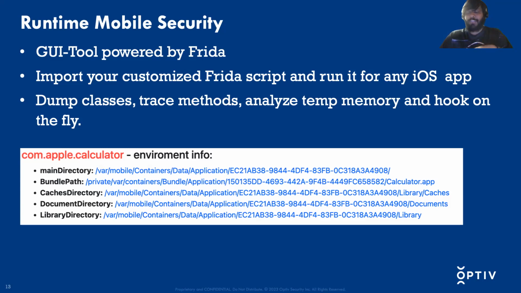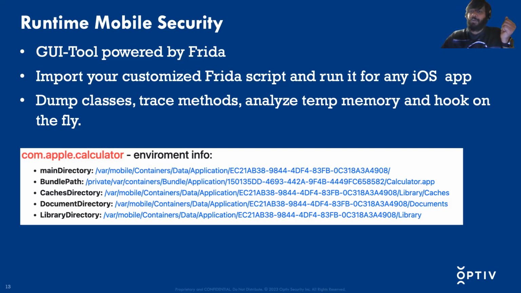Runtime Mobile Security also allows you to create a customized Frida script. As I discussed earlier, there are certain situations where you need to build a custom Frida script to bypass certain steps on the application, for example, cert pinning or root detection, right? So you can build those scripts, import them into the Runtime Mobile Security Framework, and then run those scripts against your specific application.